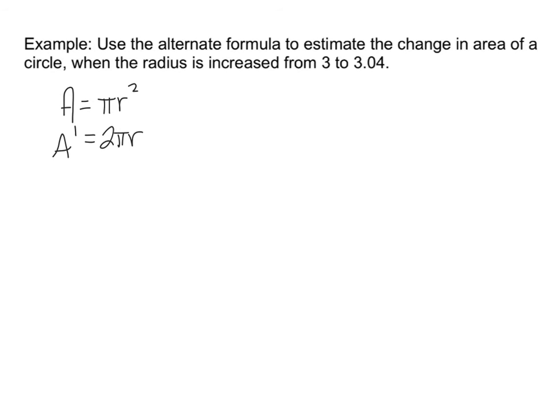So we have dA, the derivative with respect to r, is going to be approximately equal to the derivative of A. If we rearrange, we end up with dA equals A prime dr.